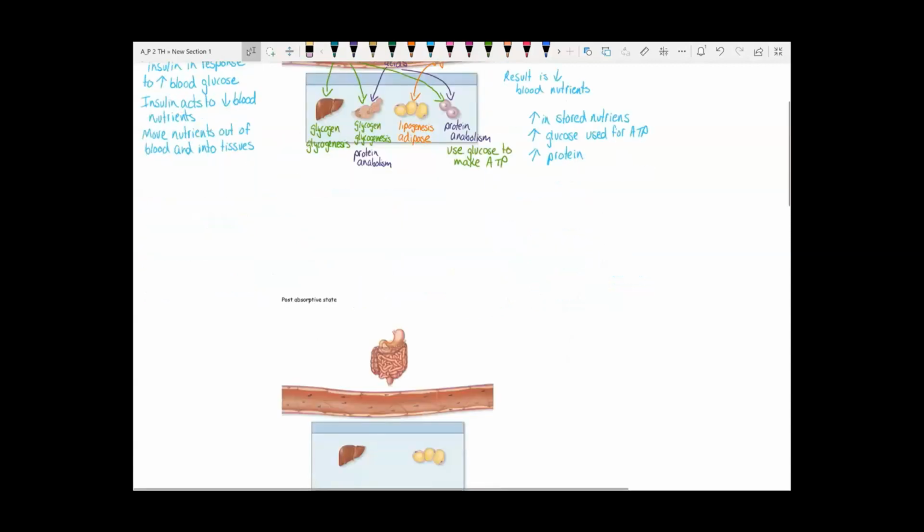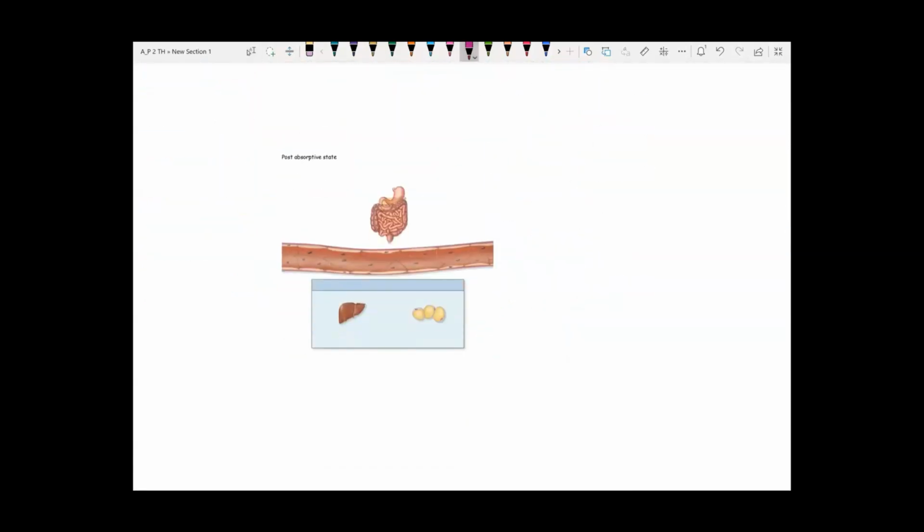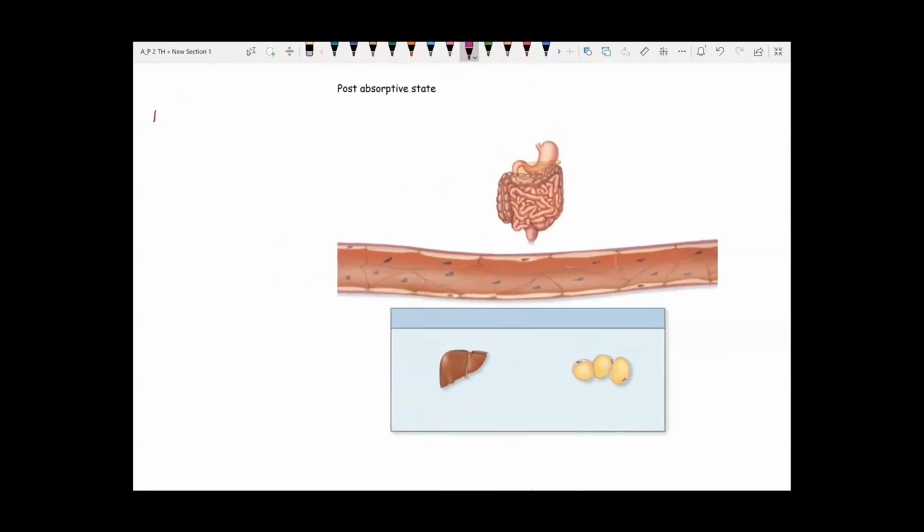Now let's look at the post-absorptive state. This is between meals. Your small intestine is no longer sending nutrients to the blood. So there's nothing here. That's all done. So that means that your blood nutrient levels start to fall.